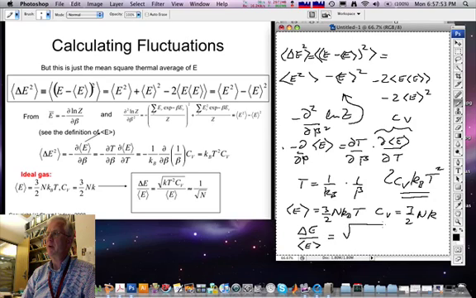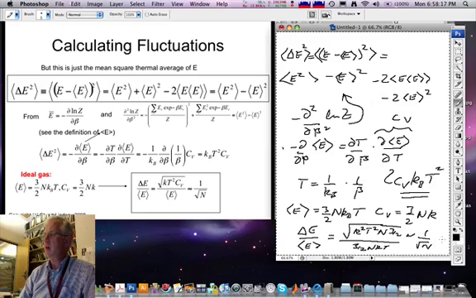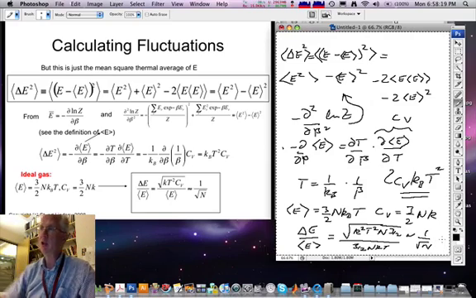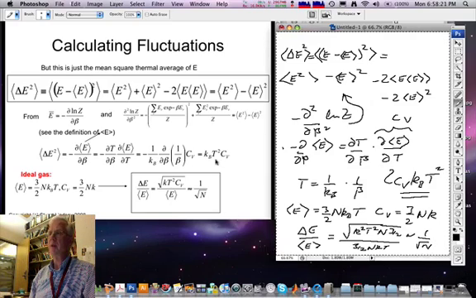We get this expression here, where this is k squared T squared times N times 3 over 2, and that's all divided by 3 over 2 NkT. Within a factor that looks like the square root of 3 over 2 divided by 3 over 2, this is just 1 over the square root of N, the result that we quoted in chapter 1 without proof.